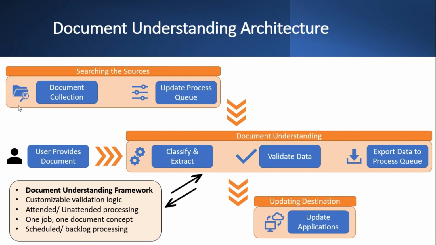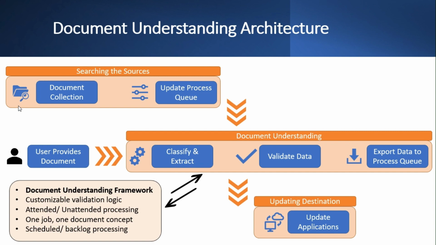So basically, we are not going to cover everything about the framework in this video, but we will see what are the different execution methods we have in the framework, like the attended and unattended. And then we'll look at the major difference between those two.